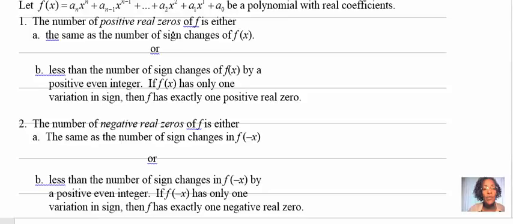The number of positive real zeros of f is either the same as the number of sign changes or less than the number of sign changes of f of x by a positive even integer. If f of x has only one variation in sign, then f has exactly one positive real zero.